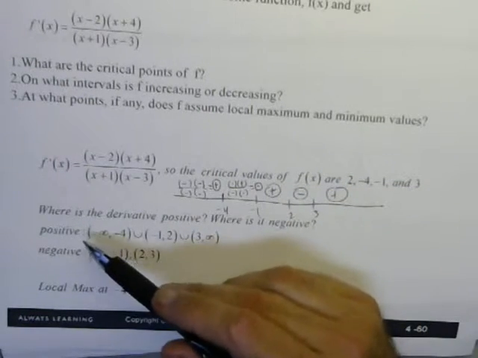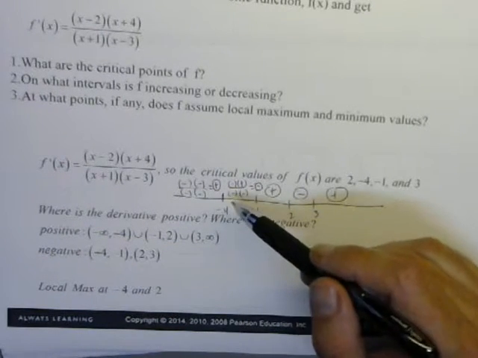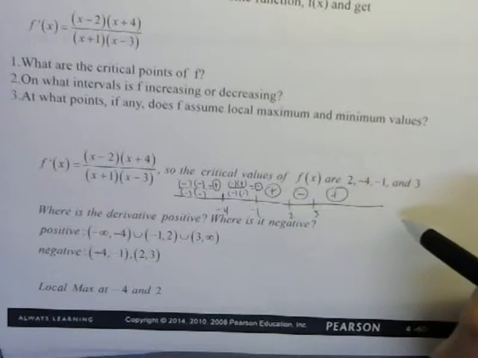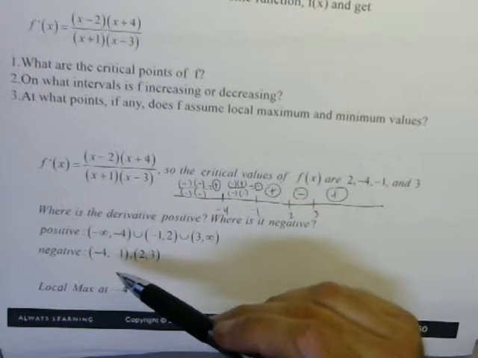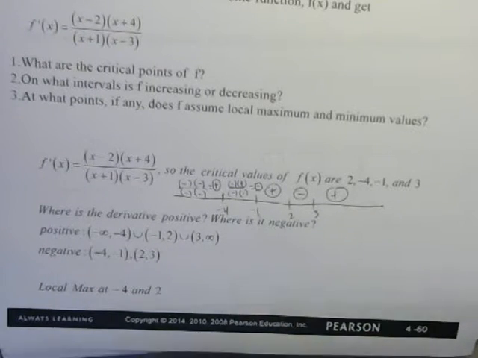So the function will be increasing on the intervals from -∞ to -4, from -2 to 2, and 3 to infinity, and then it will be decreasing from -4 to -1, and 2 to 3, right?